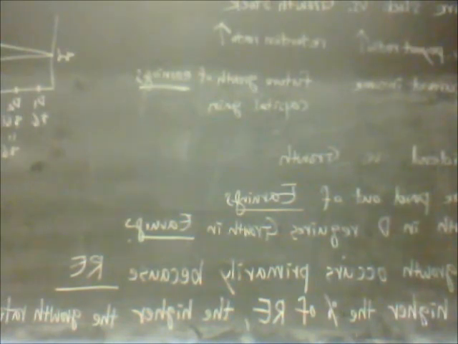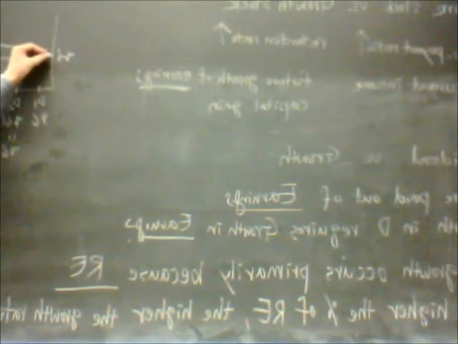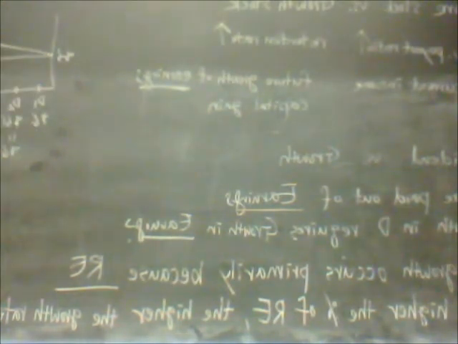So how much? 64.29. So that means the present value of growing perpetuity is 64.29. The present value of this normal perpetuity is $60.